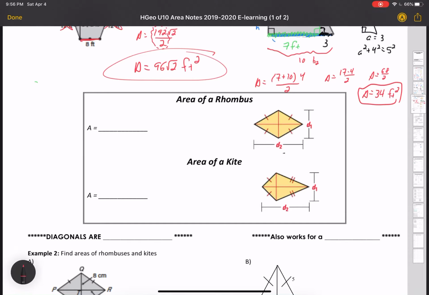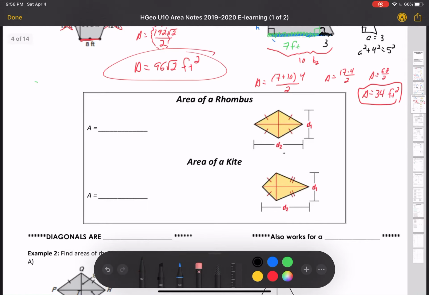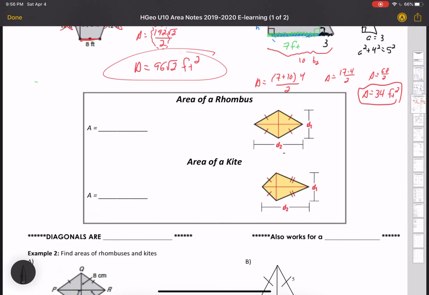So both of these have the same exact formulas, and you may remember that the diagonals in both of these, and that's going to be the first star, diagonals are perpendicular. They're perpendicular in both of these figures.